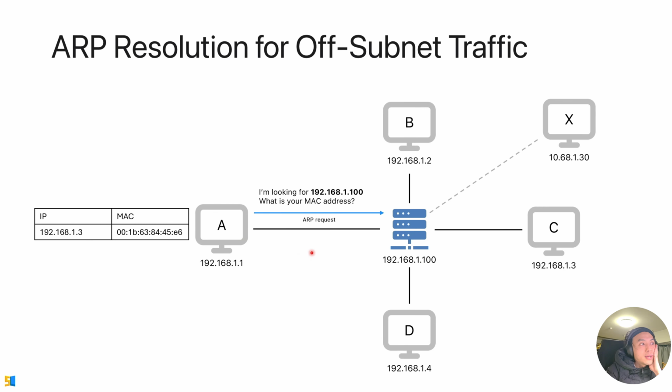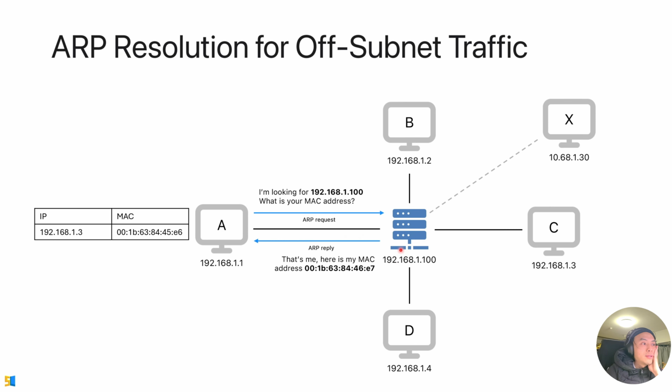So that's why it will send the request to the gateway, so that the gateway can route that packet to the destination or to another router that knows the destination. So that's why A will ask for the MAC address of the gateway if it doesn't know.